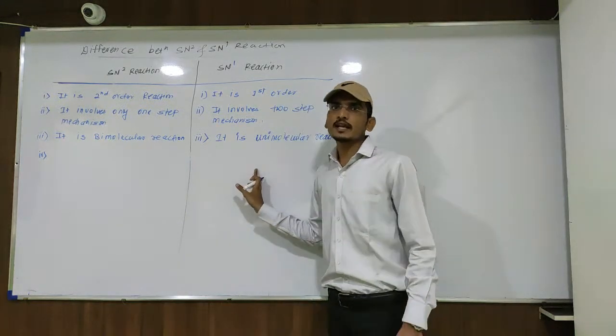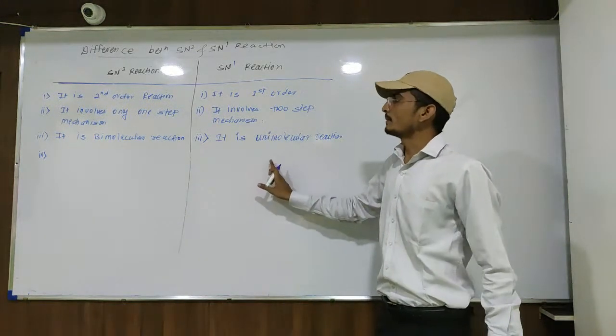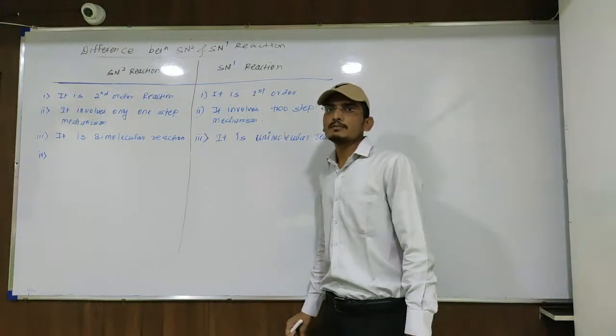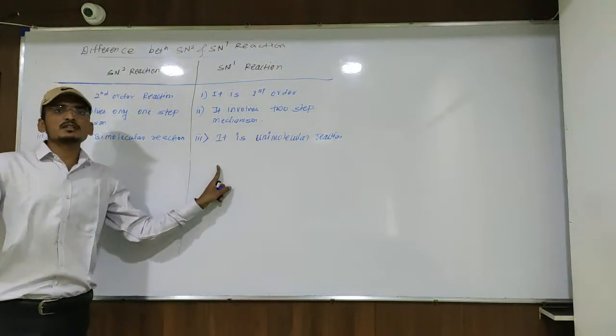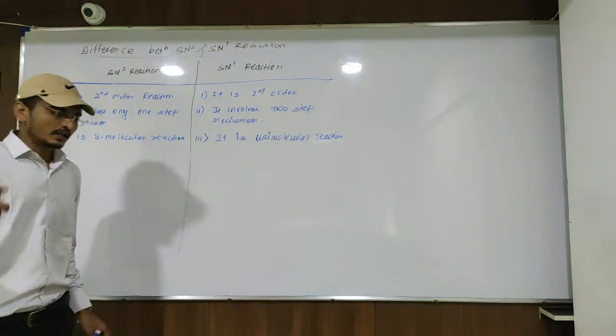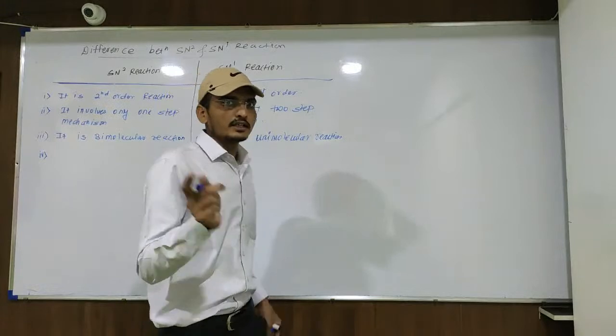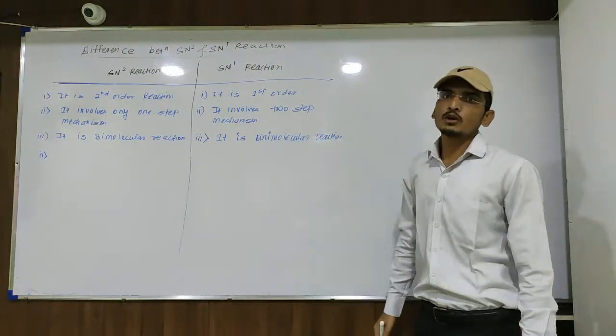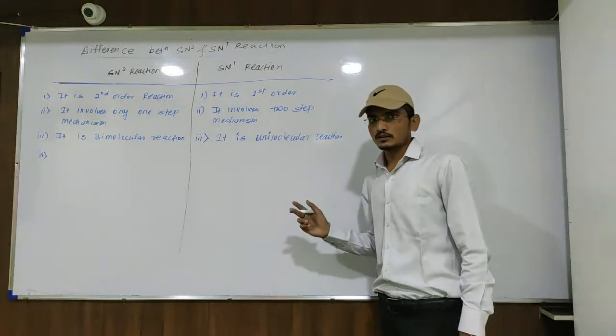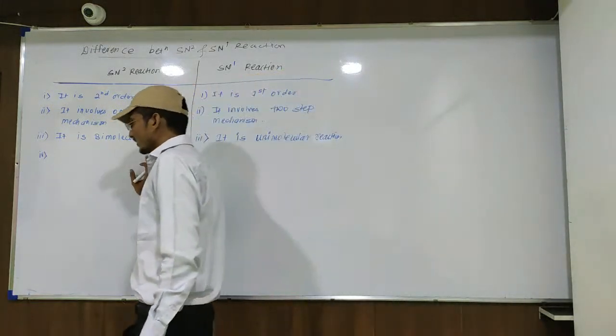But in the SN1 reaction, there is no simultaneous breaking of the C-Br bond and formation of the C-OH bond. First there is a breaking of the C-Br bond, and then there is a formation of the C-OH bond on the product side. Okay, so that thing is important here.